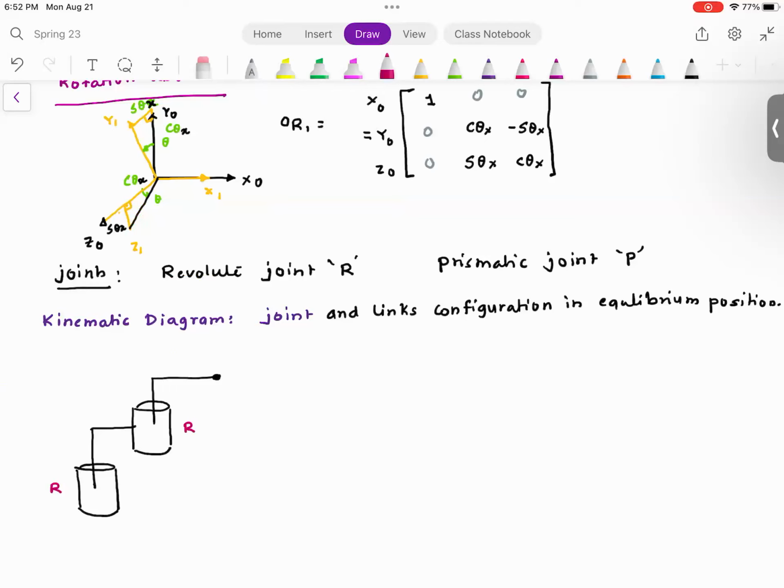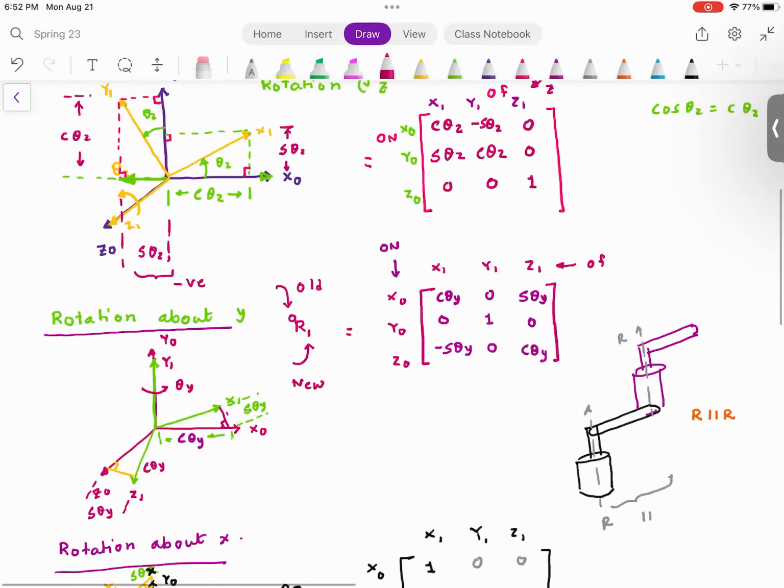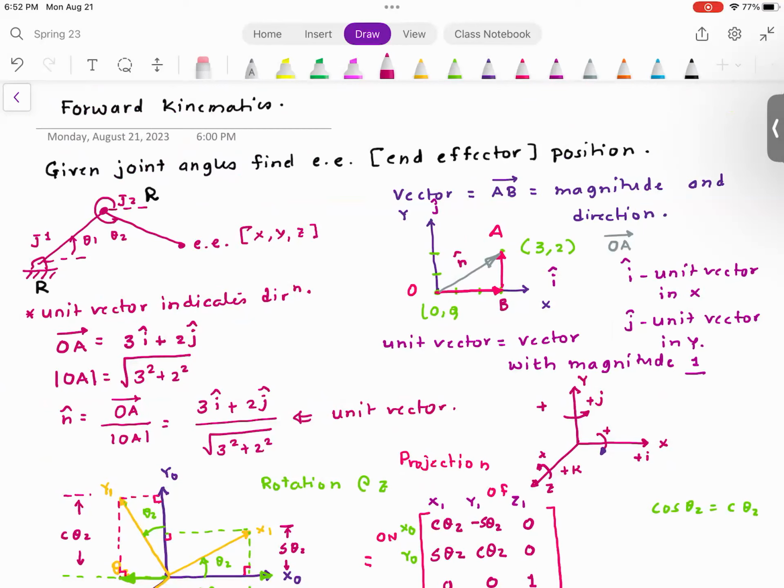Think about it as two motors. This is a cylindrical robot, so it has a configuration space and it can trace a cylindrical path. Everyone comfortable with this robot configuration? Two motors which are parallel to each other. So this robot configuration is R parallel R. If you look from the top, this robot is going to look like the robot shown over here.